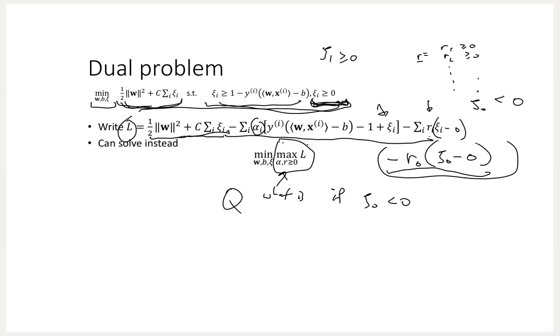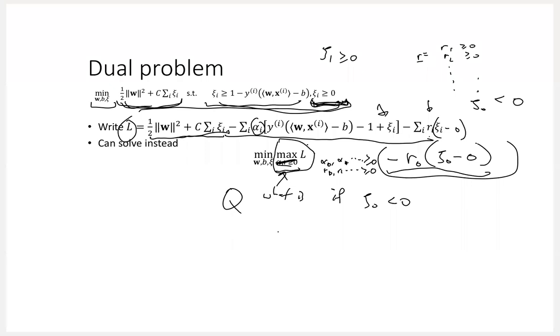And if you look at it now, if I try to maximize L with respect to alpha, R bigger than or equal to 0. Or more precisely, alpha 1, alpha 2, and so on, all bigger than or equal to 0, and R0, R1, and so on, all bigger than or equal to 0.